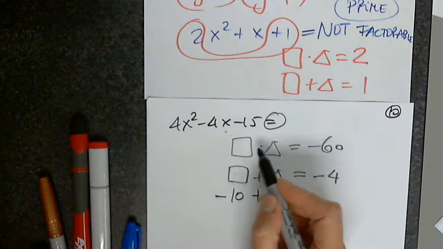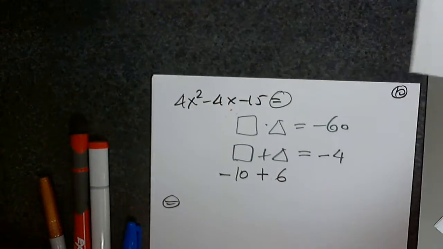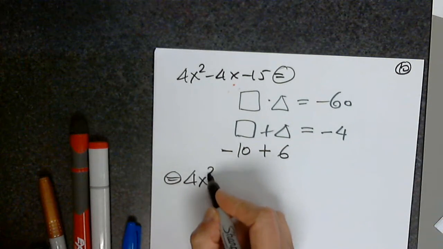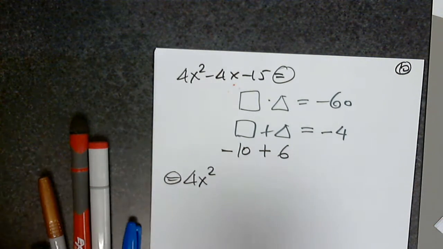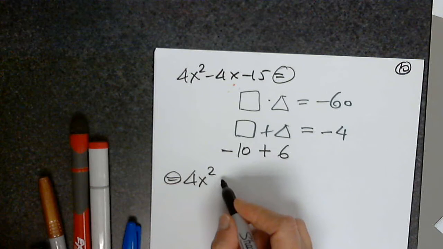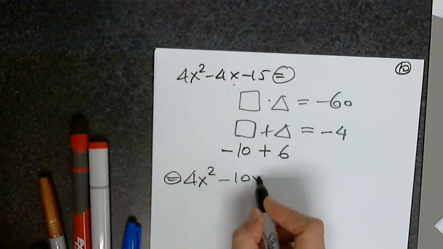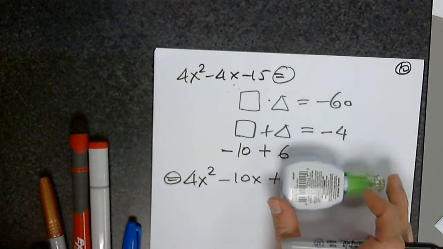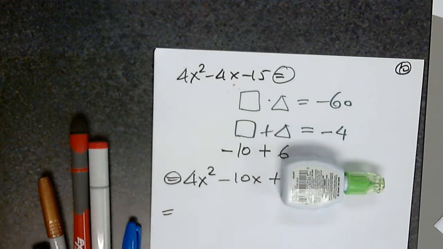So what do I continue with? What is my next step? I rewrite the polynomial as 4x squared, then and then what do I do next?